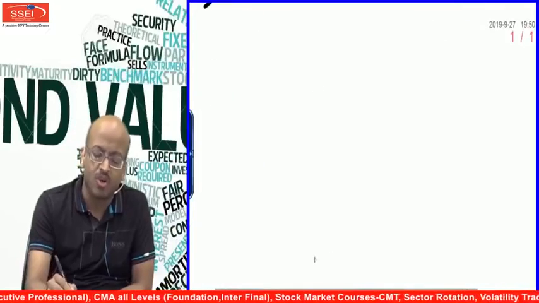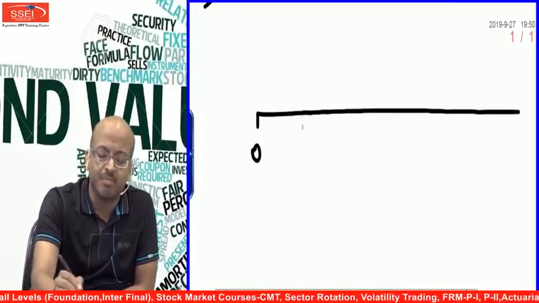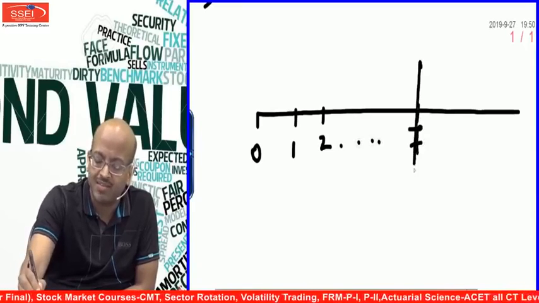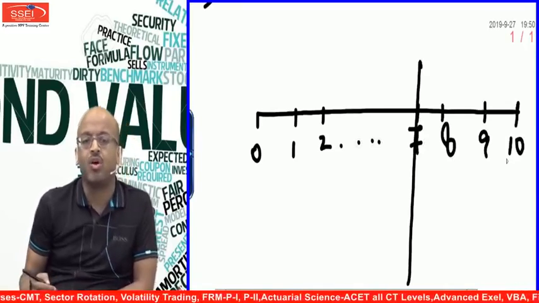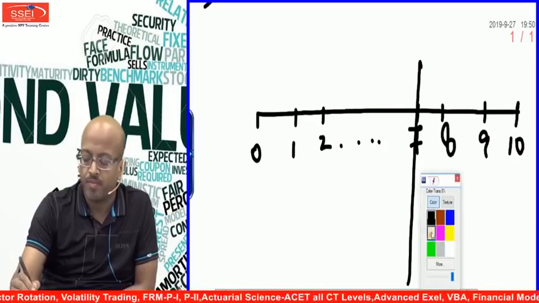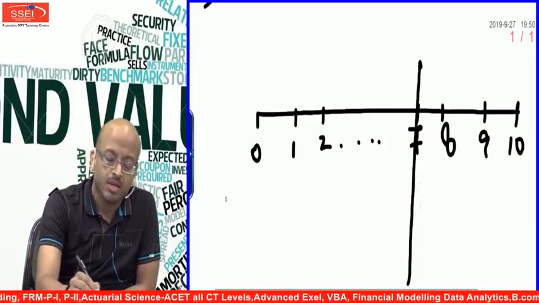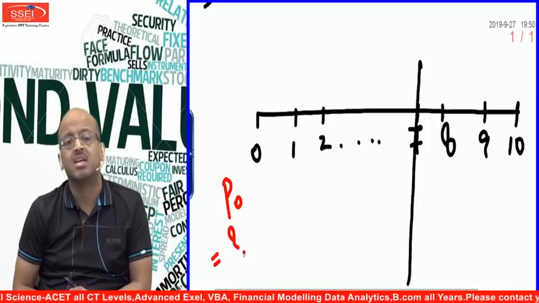Okay. So let me draw the number line again. This time with numbers 0, 1, 2, dash, dash, dash, 7, 8, 9, 10. Please draw. Price P0, so we'll have to calculate this.